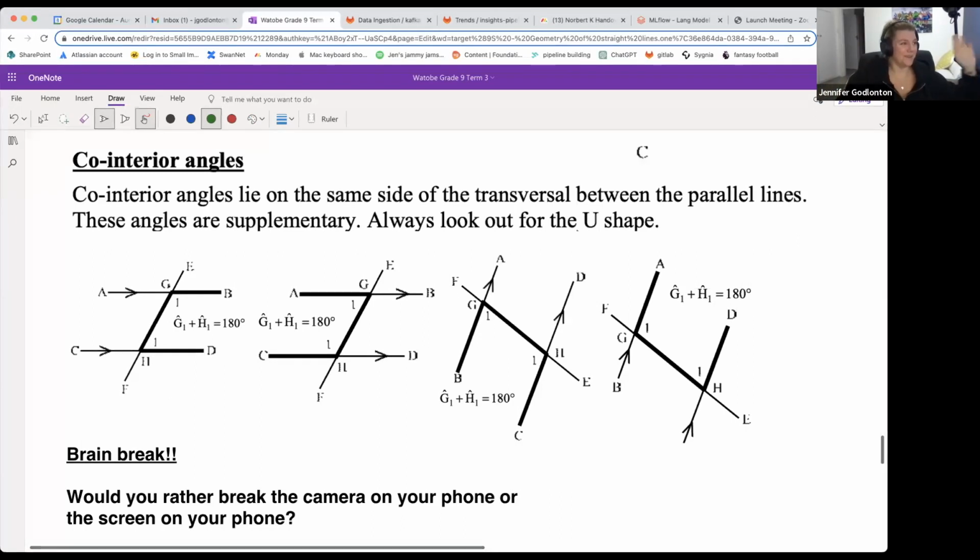Ma'am, when you're taking pictures, the pictures won't have proper quality because of the cracked camera. But you could still use your phone. No, ma'am. Okay, but let's just give a nicer answer. Would rather have a broken screen.